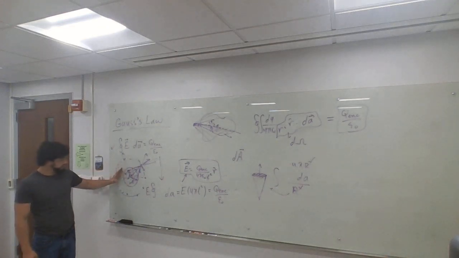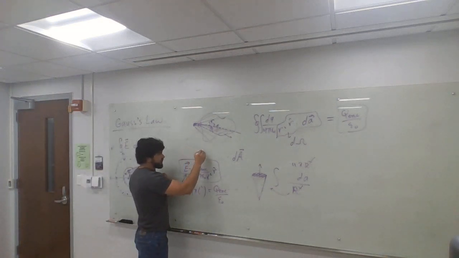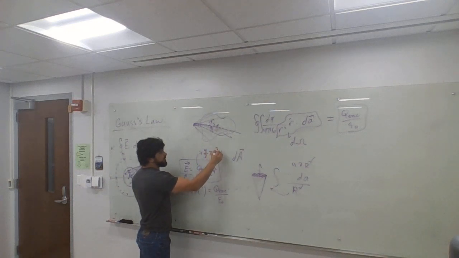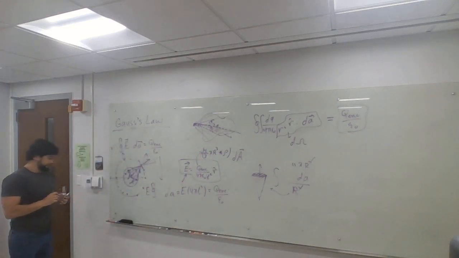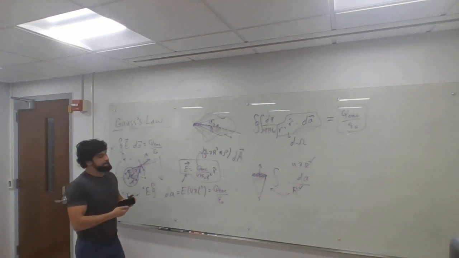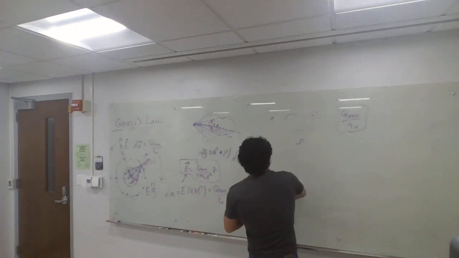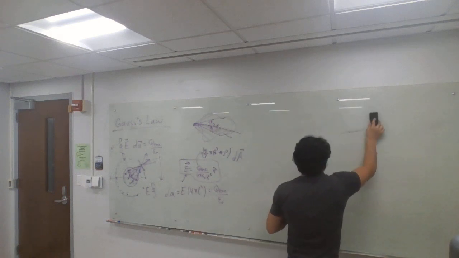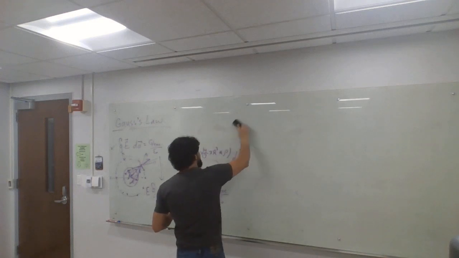That's space. So Q enclosed is the volume of the solid sphere multiplied by rho. So that was easy to find the electric field instead of having very long, complicated integrations.